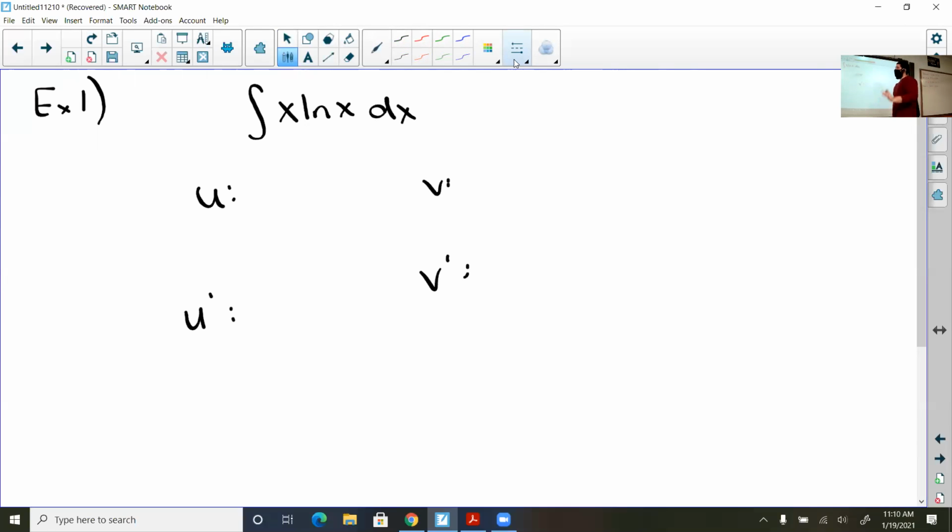Now, let's say I try to reverse this. So instead of making the x my u value, what if I did this?